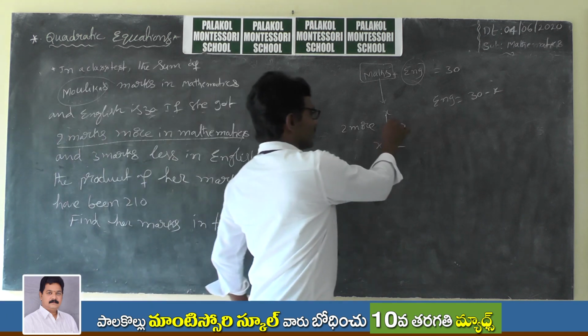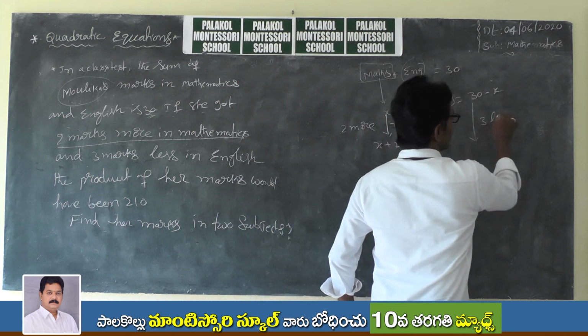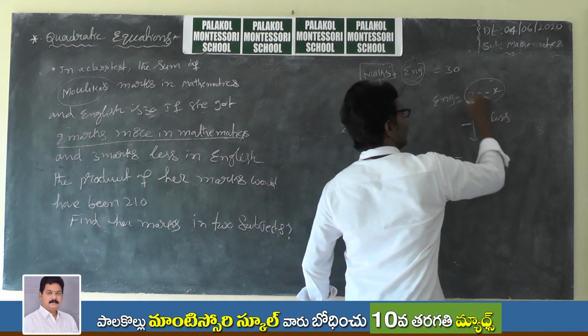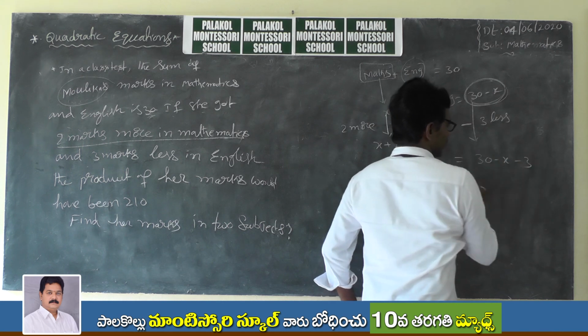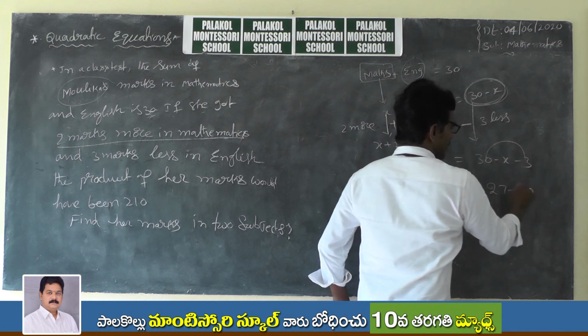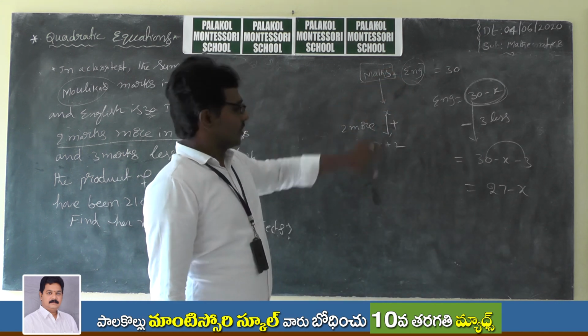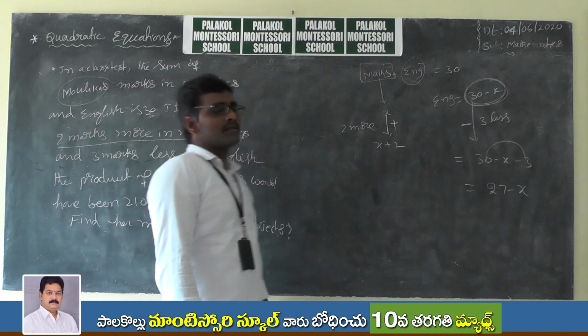More means you write plus, less means you take negative. So the actual marks: 30 minus x minus 3. Simplifying, 27 minus x marks in English. So maths marks x plus 2, English marks 27 minus x.